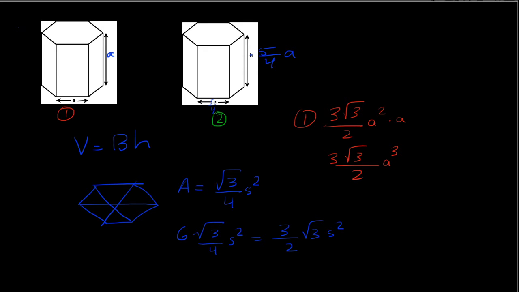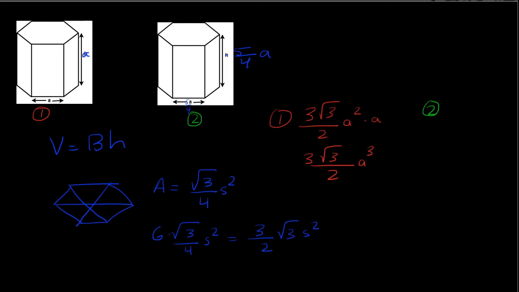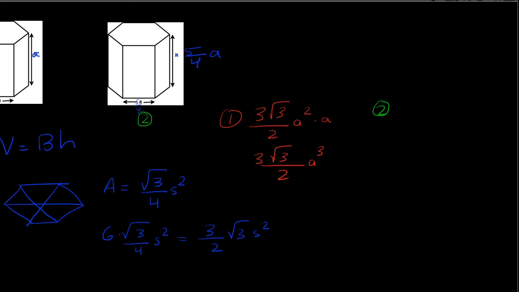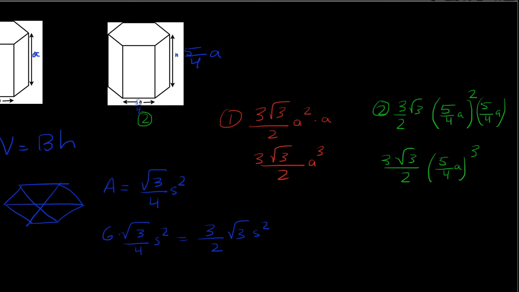The second hexagonal prism, we're still going to be using the same formula, except instead of A, the side length is 5/4 A. So it'll still be 3/2 √3, but we're going to replace A with 5/4 A. So that would be 3√3/2 and then 5/4 A cubed.